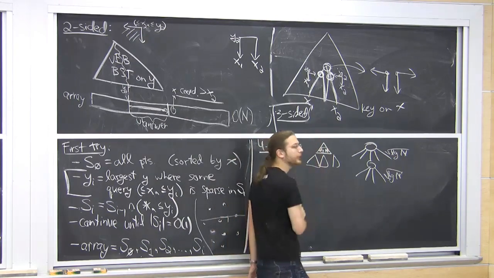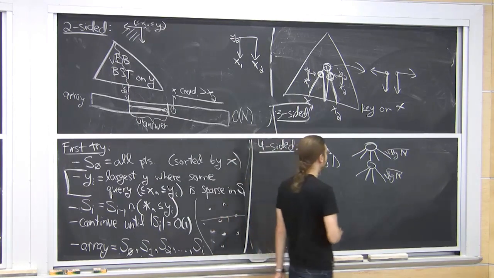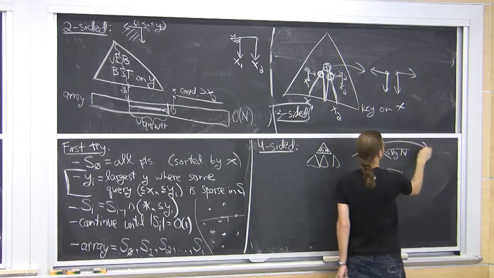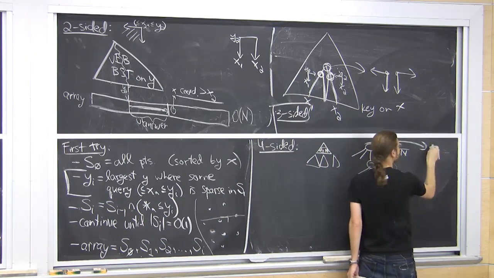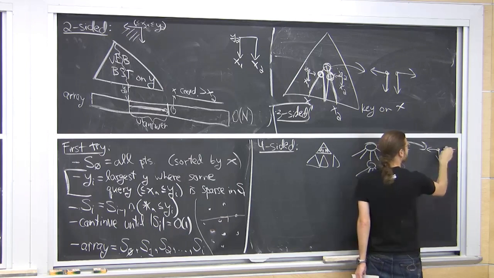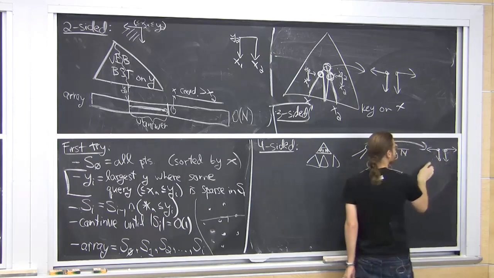The augmentation is going to be a little bit different. If we look at a node, we're going to store the same things we had before, which was this kind of query and this kind of query. We're going to store a little bit more.